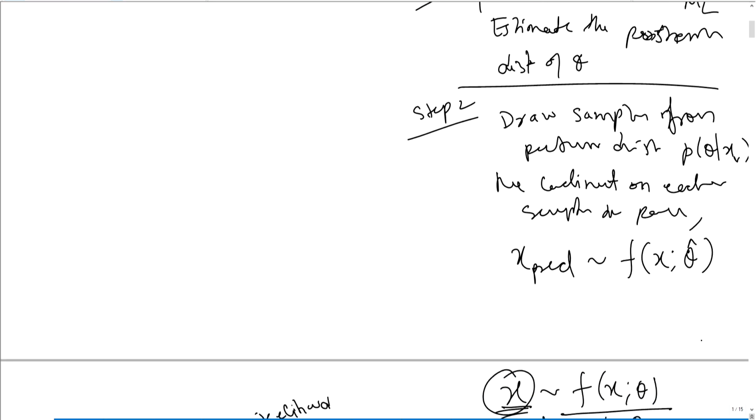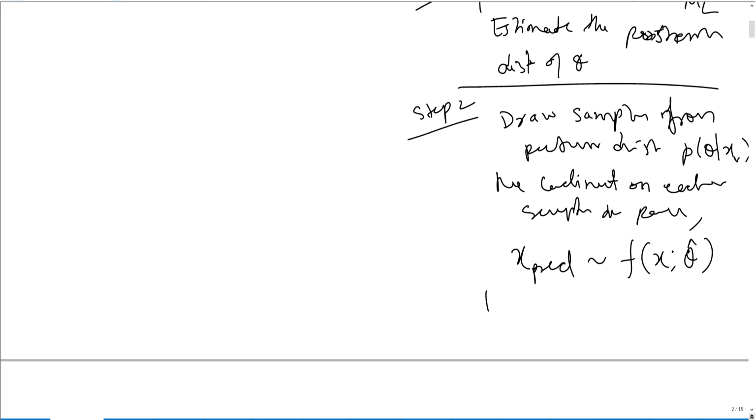So, how do we do this? I can actually do it like this. Let us say you run iterations for i from 1 to n, so n number of iterations. In each iteration, you will draw a proposal theta i from the posterior distribution of theta given the data.